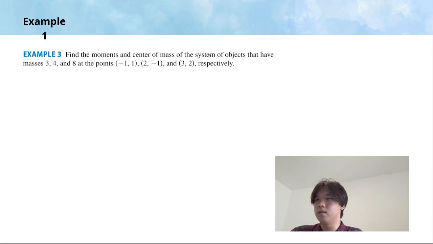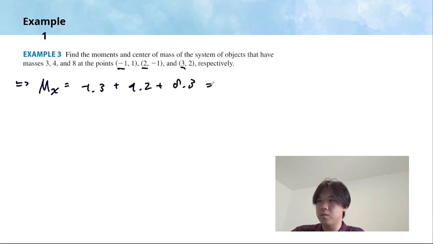Now in the first example, find the moments and center of mass of the system of objects that have masses 3, 4, and 8 at points (-1, 1), (2, -1), and (3, 2) respectively. To find the coordinates of the center of mass, we first find the moments. For My, using the x coordinates with the masses: -1 times 3 plus 2 times 4 plus 3 times 8, which is -3 plus 8 plus 24 equals 29.